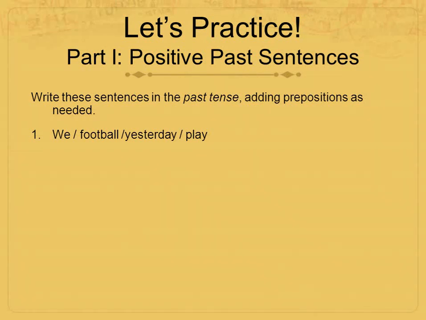Okay, so we know we're going to answer it in a positive way. That means no no's, no nots or didn't, right? Okay, so play is a regular verb, so we can just add ed to it. We played football yesterday.